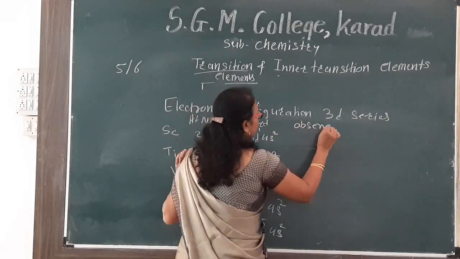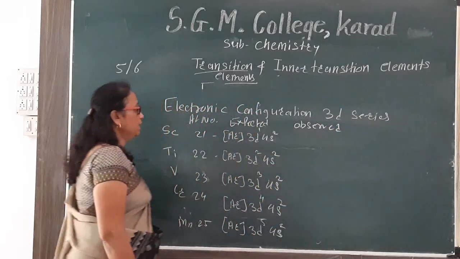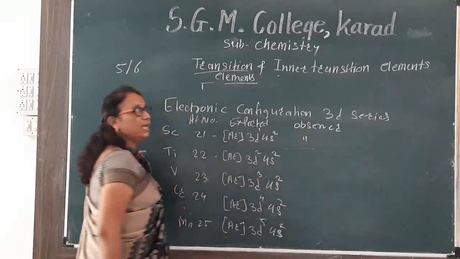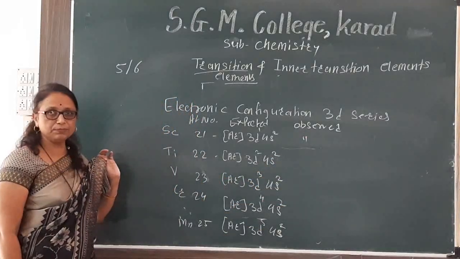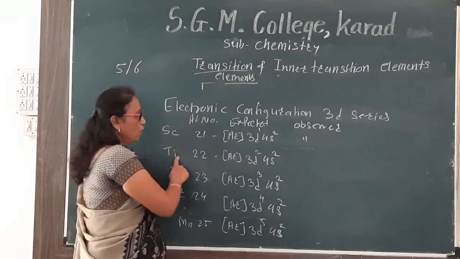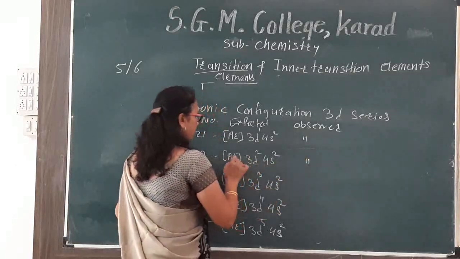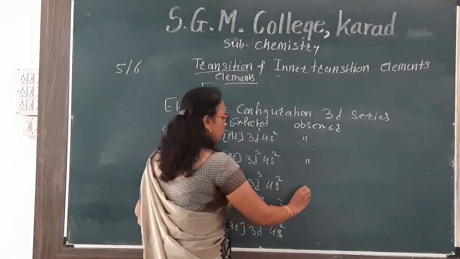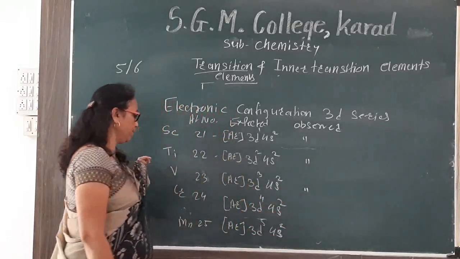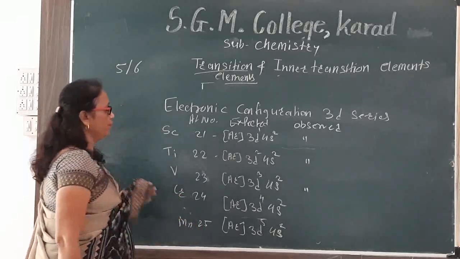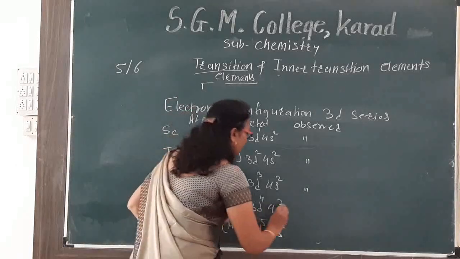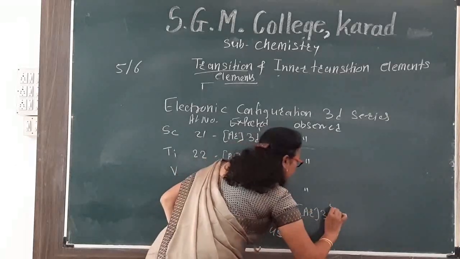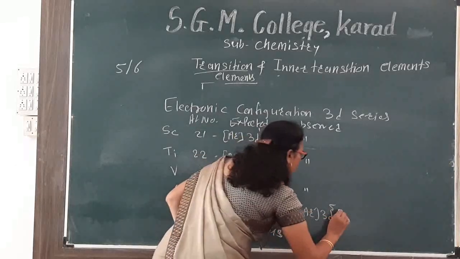Observed configuration in these elements: the observed configuration of scandium is the same as the expected configuration. In titanium, the observed configuration is the same as the expected. In vanadium also, observed and expected are the same. But in chromium, the observed configuration is different, that is argon 3d5 4s1.